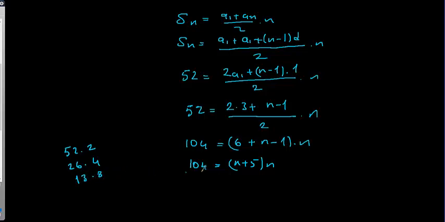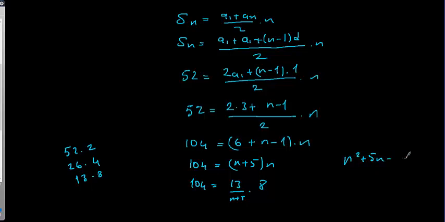As you see, with n equal to 8, (n plus 5) times n is 13 times 8, which is 104. We can find it like this.